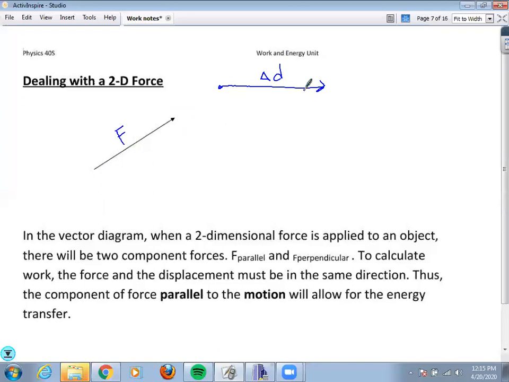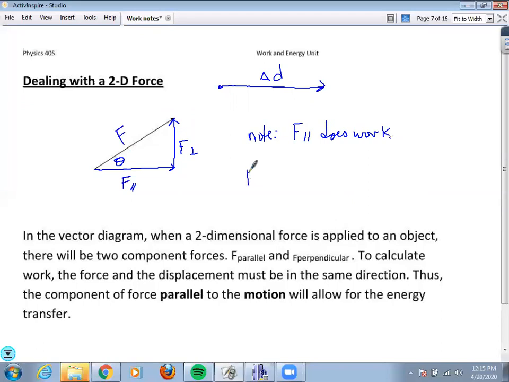So if this force here is being applied, there's going to be 2 components. There's going to be the parallel component, F parallel, and there's going to be the perpendicular component, and it'll be your angle theta. So note, F parallel does work, okay?